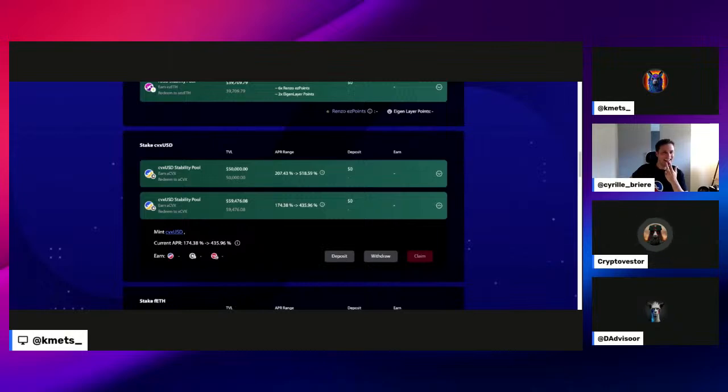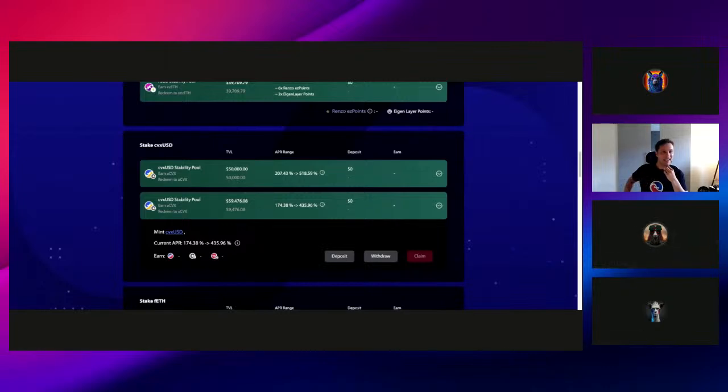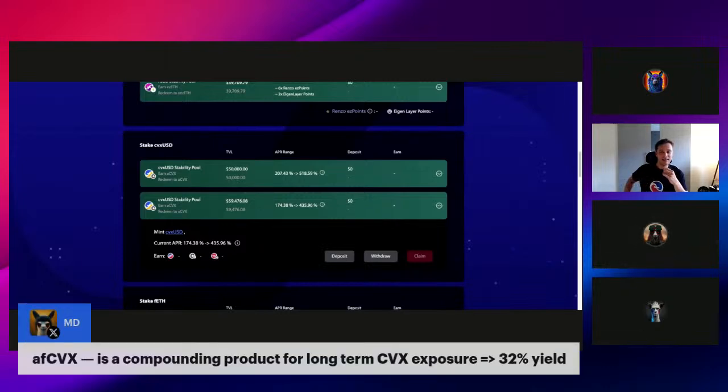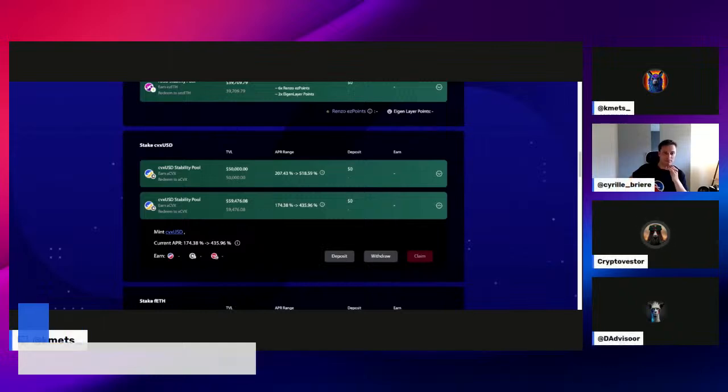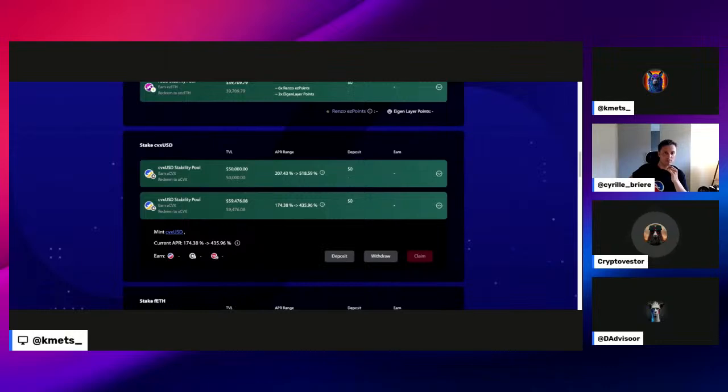And again, like I said, it's just another place to park CVX, and it shows how important it is, or the type of asset it is. The whole income producing asset, that's pretty critical here. And to answer a little more what the DeFi advisor was saying, if you want a stable yield, you go with cvxUSD. If you want amplified CVX yield, you go with AF-CVX.